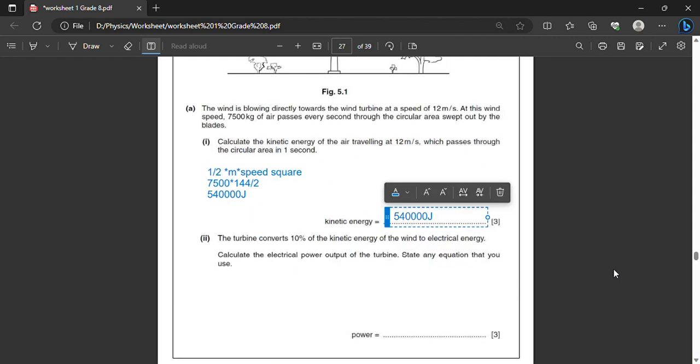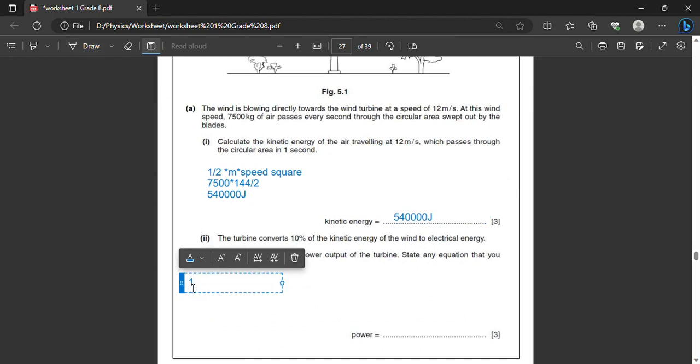And the next question is showing that a turbine converts 10% of the kinetic energy of the wind to electrical energy. So we should calculate it. Let's check. 10% is 10 by 100 times 54 1 2 3 4. When you check this, you will get a final answer of 54 1 2 3 with a decimal.